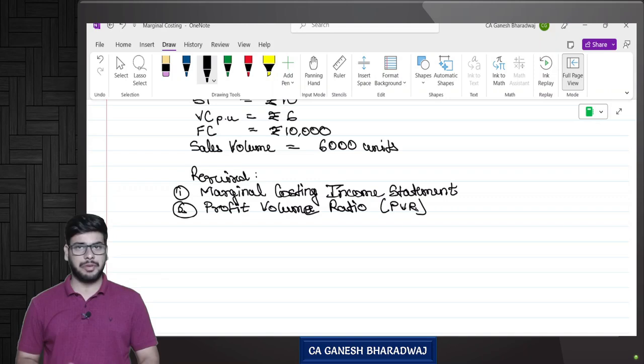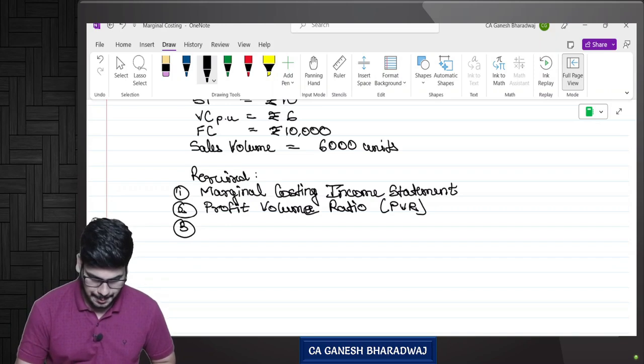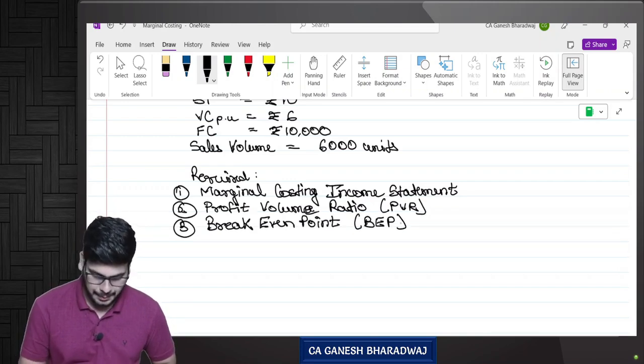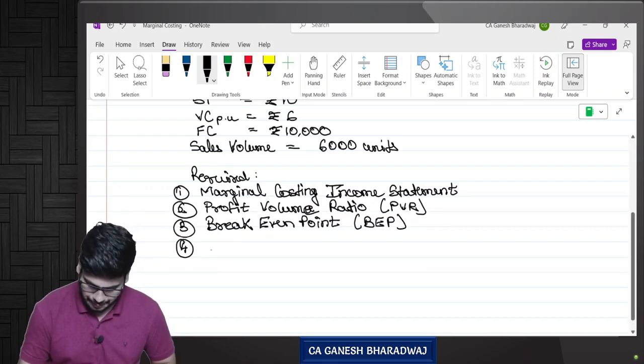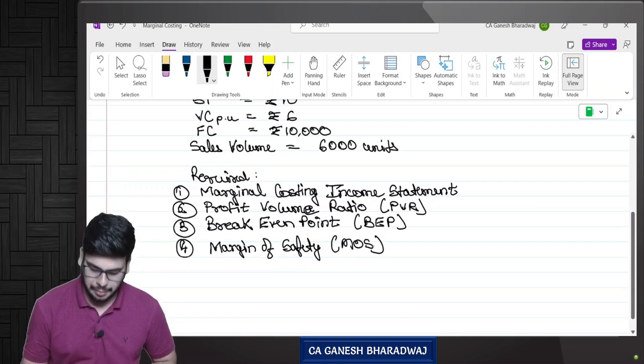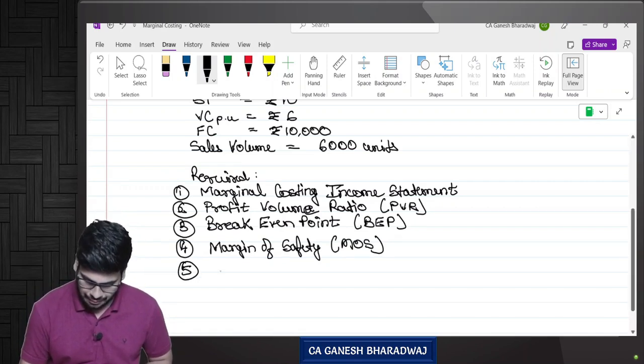Okay, profit volume ratio. I will explain every single thing, don't worry about it. Next, third, break even point. Within bracket, let's call it as BEP. Right? Then fourth, margin of safety. Within bracket MOS. So we will be using the short forms henceforth. Just know the full form of that. Right? And 5, profit.